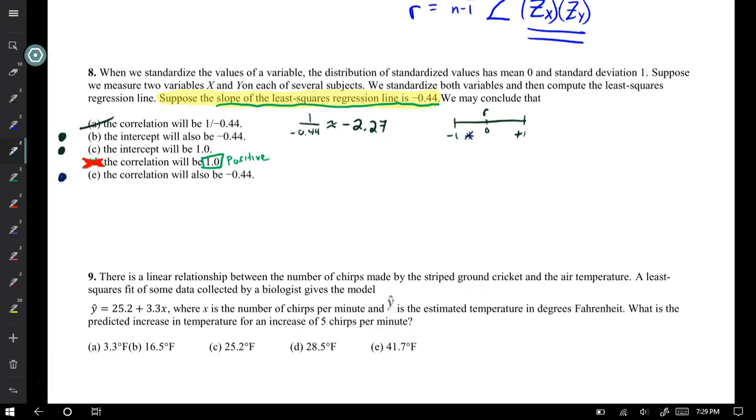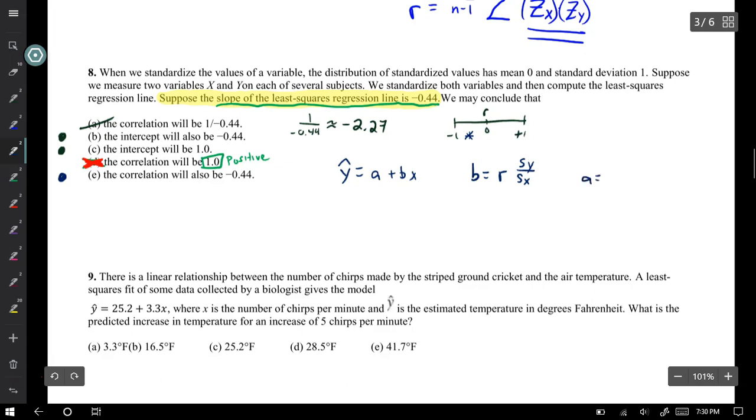So let's figure out which one it is. We're going to have to look at our formulas. I see intercept, I see correlation, I see all that. Well, maybe I'm going to try this. I know y hat equals a plus bx. So there's an equation for the least squares regression line. I also have the formula b equals r times the standard deviation of y over standard deviation of x.